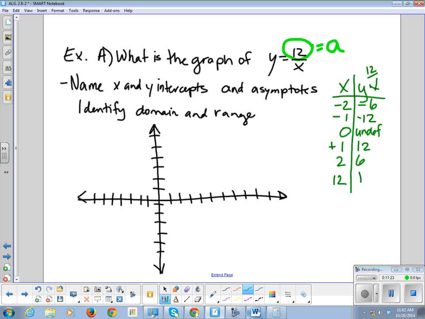So let's plot those points on our graph. -2, -6. -1, -12, right down there. 0, it's undefined. 1, it's 12, way up here. 2, it's 6. 12, it's a 1.